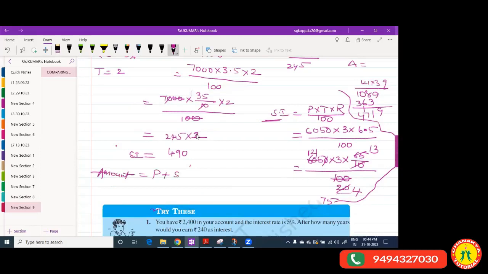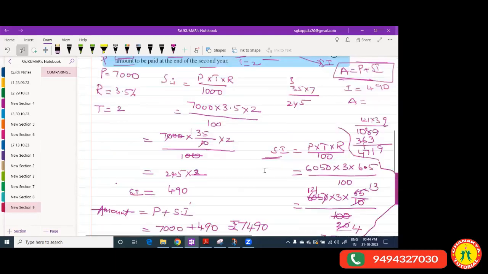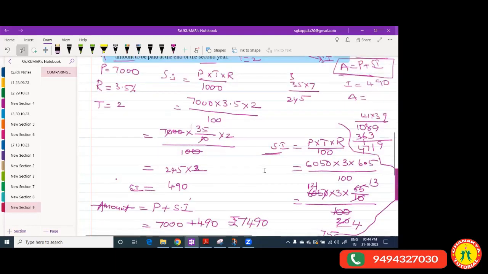Principal plus simple interest. Principal is 7,000. Simple interest is 490. Total 7,490 rupees at the end of the second year. 2 years they will get. Right? Yes, sir. Correct.